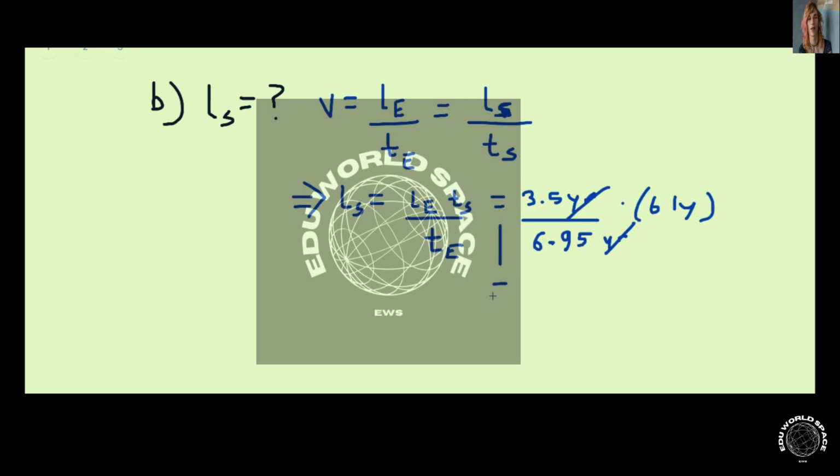And so you get something in units of light years, and that something is 3.0 light years. And this answer is the same as that which you would find if you use the length contraction formula, which simply relates the lengths in different reference frames. Okay, so there's that.